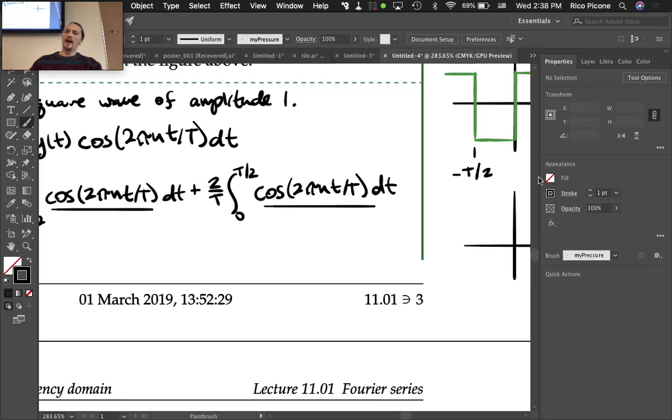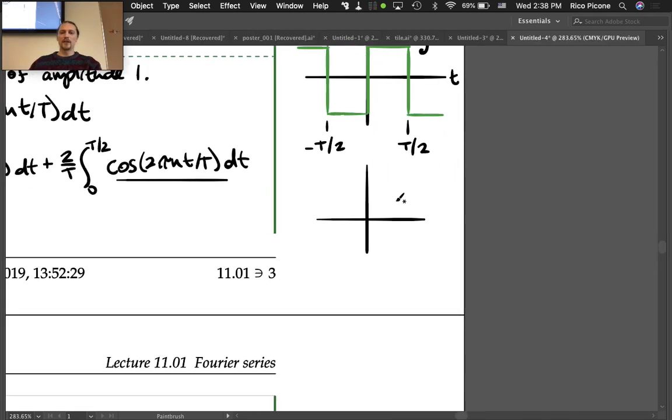So if you have an even function, cosine being one of them, and you integrate from negative anything, so if you integrate from negative x to positive x, the integral from negative x to 0 is equal to the integral from 0 to x.